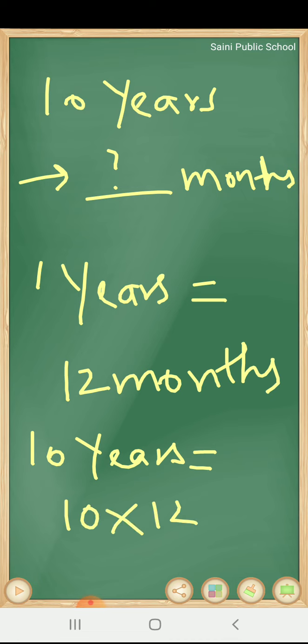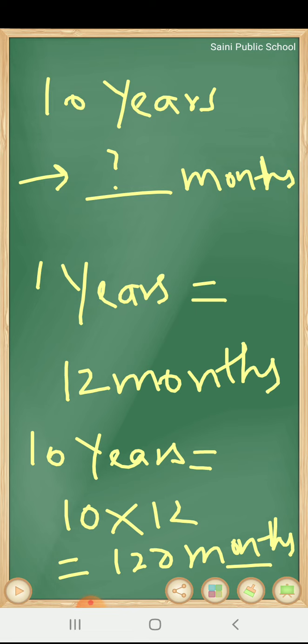So how many months? 12 into 10, 120 months. So there are 120 months in 10 years. So for conversion of years into months, from bigger to smaller, we will multiply the number by 12.